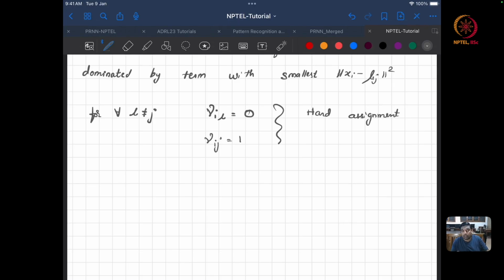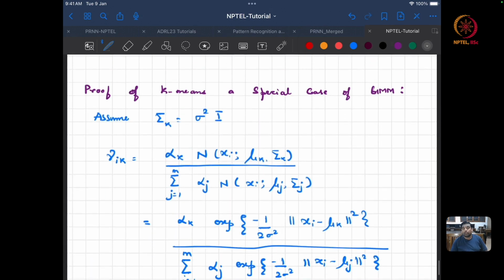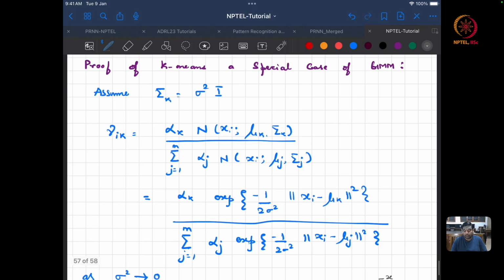You're assigning the value to a specific cluster. This shows that under the conditions we have just looked into, GMM will be the K-means algorithm.